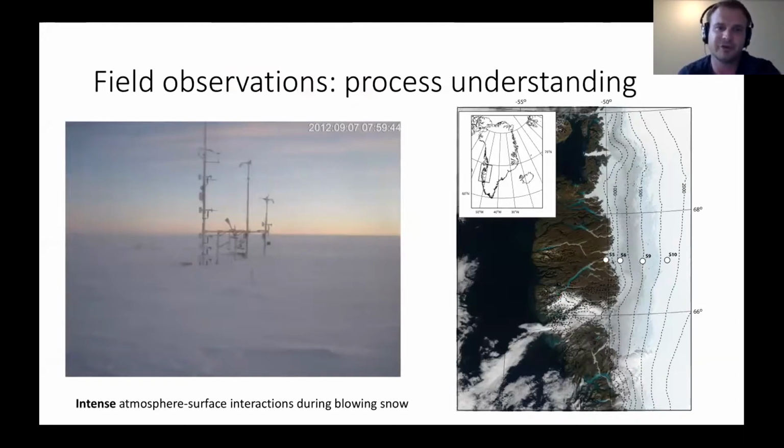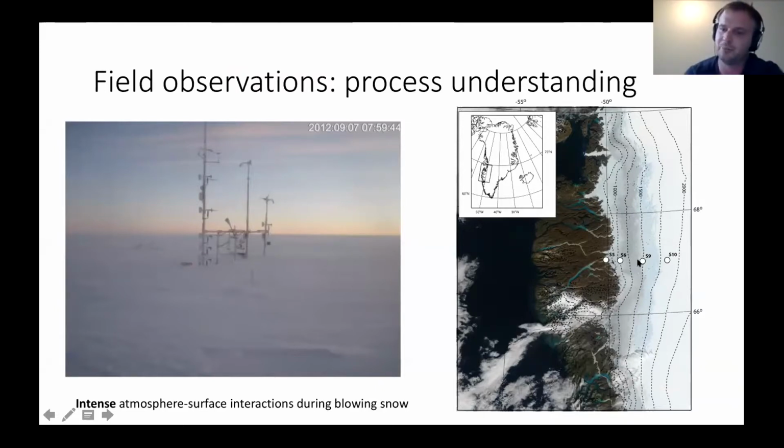Field observations are important to understand certain processes. One of these important processes is blowing snow. Blowing snow is a process we don't really understand because there are so few observations available. That led us in 2012 to go into the western part of the Greenland ice sheet, which you can see here. This is the region where we are focusing on.